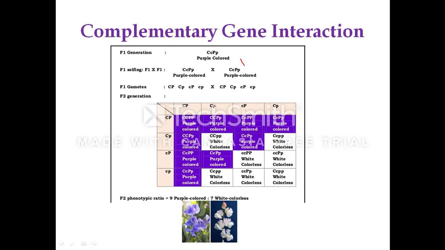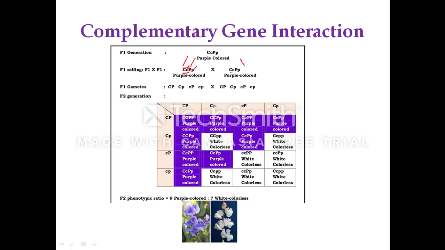So the genotype of the F1 plants was capital C, small c, capital P and small p. So here you can witness heterozygous condition for the chromogen and heterozygous condition for the product.